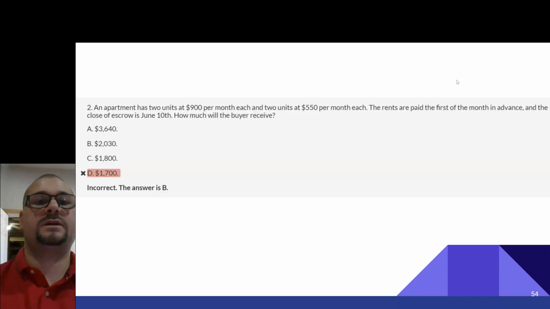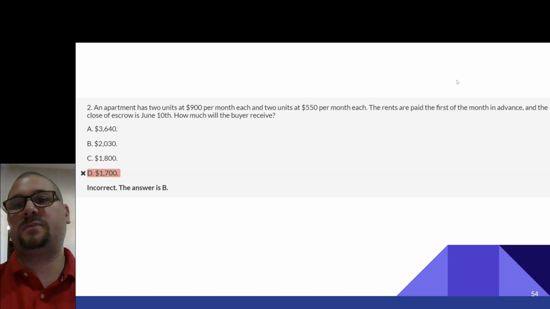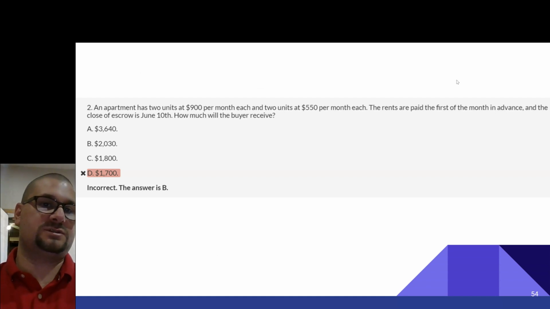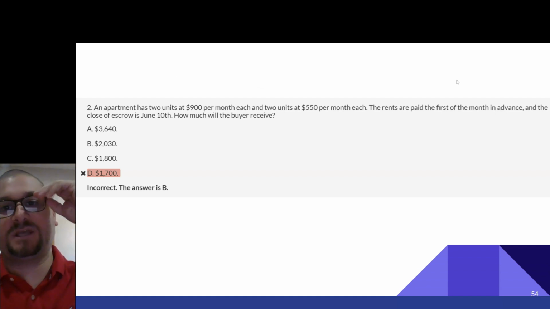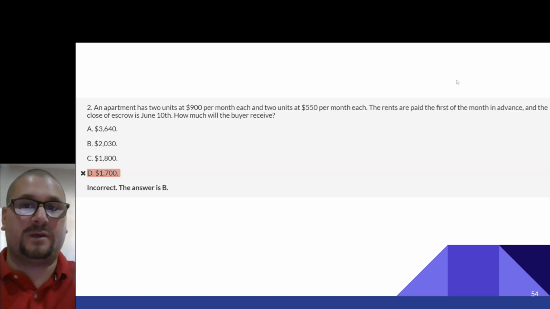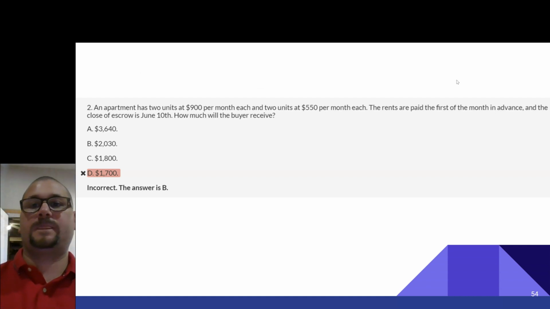Apartment has 2 units at 900 and 2 units at 550 per month each. The rents are paid the first of the month in advance, and the close of escrow is June 10th. How much will the buyer receive? First things first, take the 2 units times 900, 2 units times 550, add them together to get the total, then divide it by 30 to get it in days.